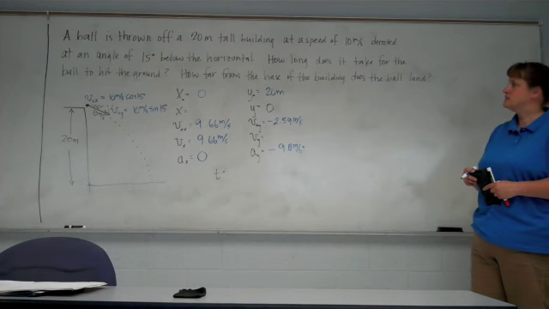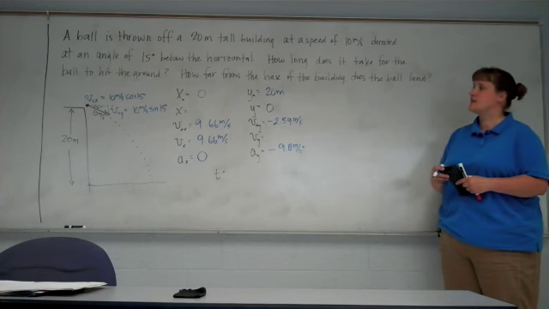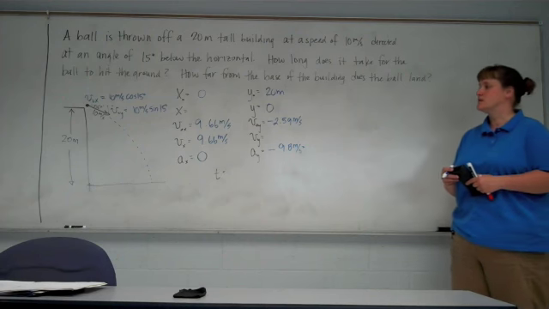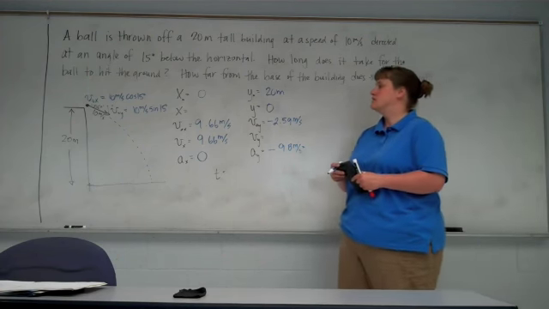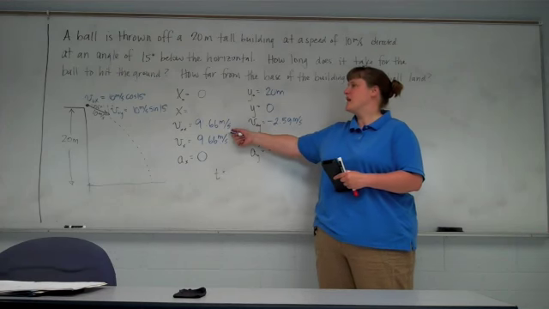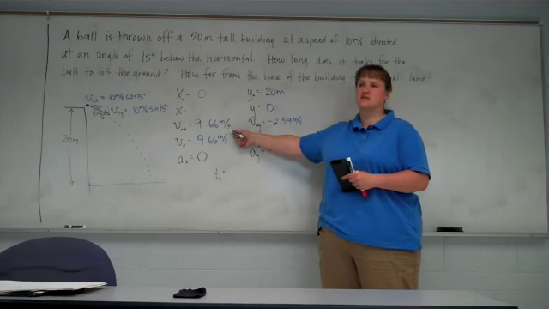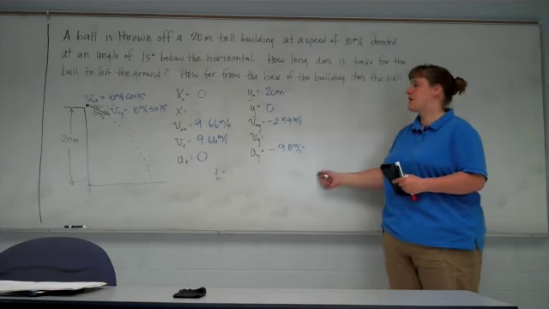Alrighty. So how long does it take for the ball to hit the ground? Well, we don't have enough information in the x direction to find the time. So we will need to use the y information.